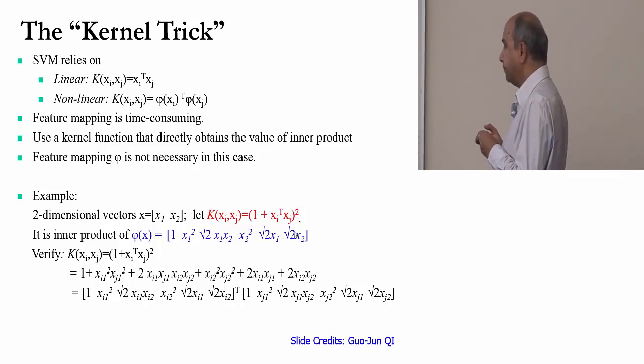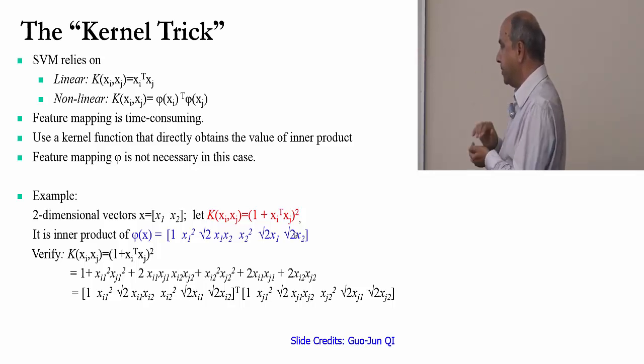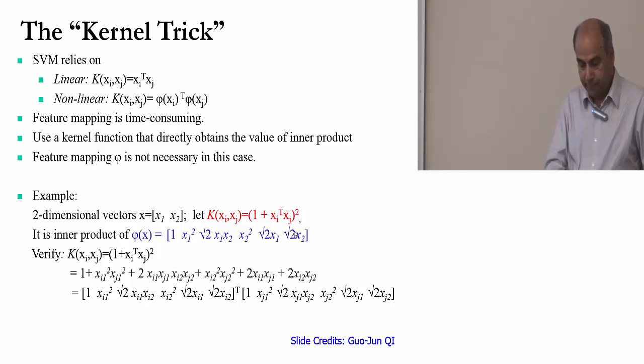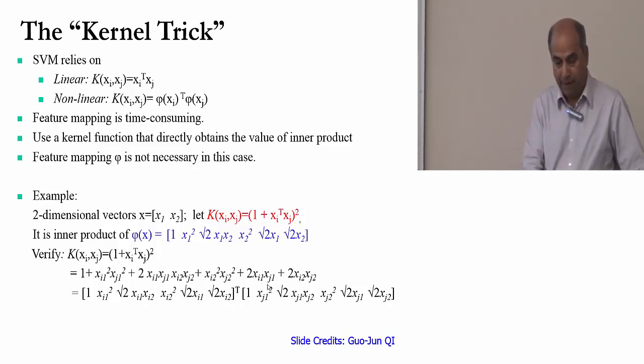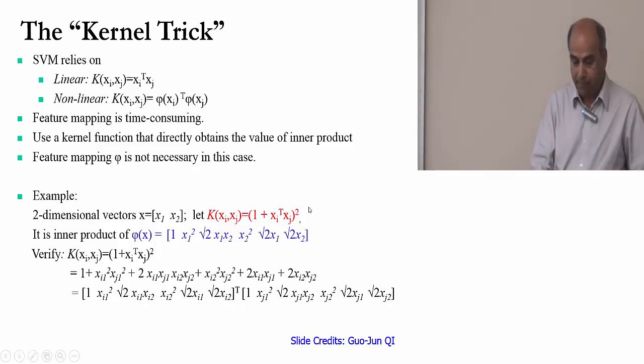One way is that first we take xi, map it to the 6-dimensional vector, and then multiply those and get this. The other way is we can just directly evaluate this equation we have, and we will get exactly the same thing.